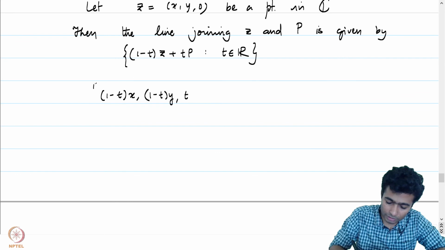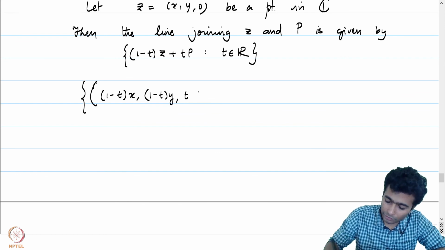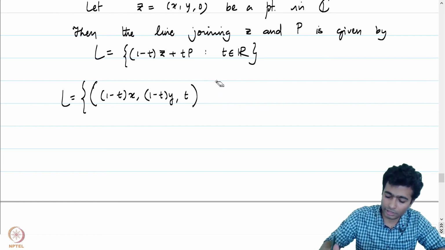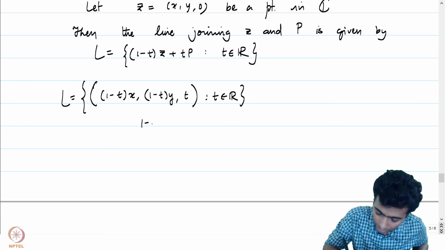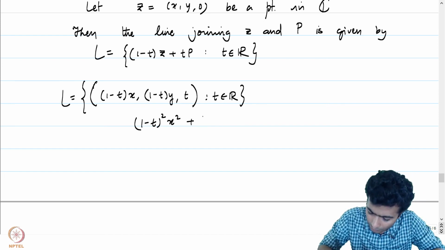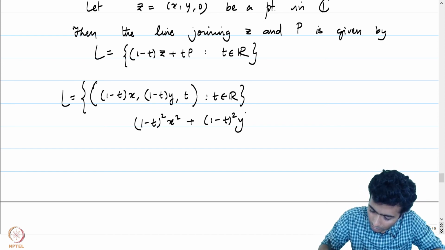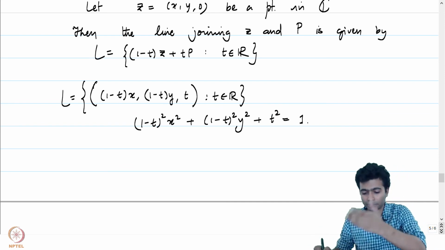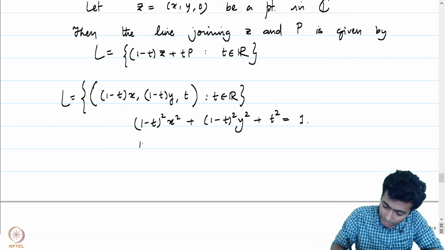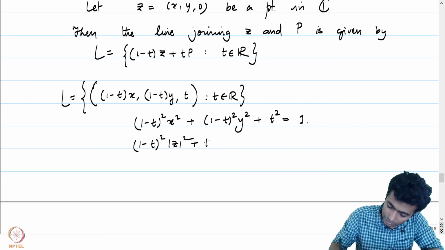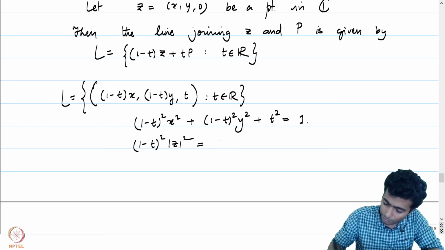This line L is going to be the set of all such points where t is in R. We are interested in the point where it touches our unit sphere. It is given by this equation: x1 square plus x2 square plus x3 square is equal to 1, which can be written more compactly in this manner: mod z square times 1 minus t square plus t square is equal to 1.